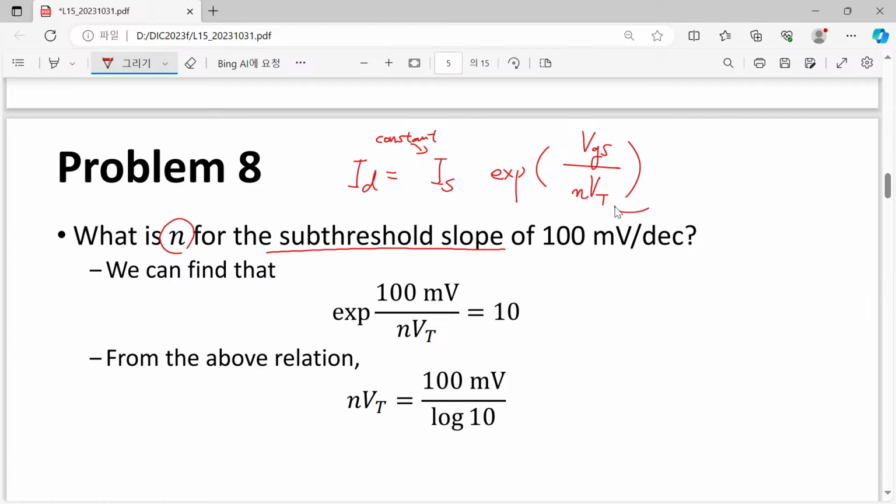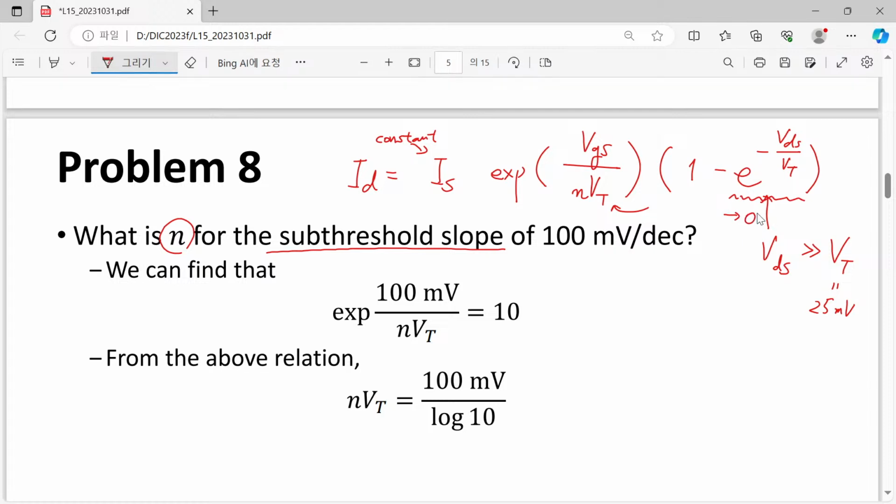VT is thermal voltage, and here of course we have some terms related with VDS, but that is really exponential of minus VDS over VT. When VDS is much higher than thermal voltage, please note that this is just about 25 millivolt. If we apply 0.1 volt or higher voltage, then this exponential term quickly goes to 0.